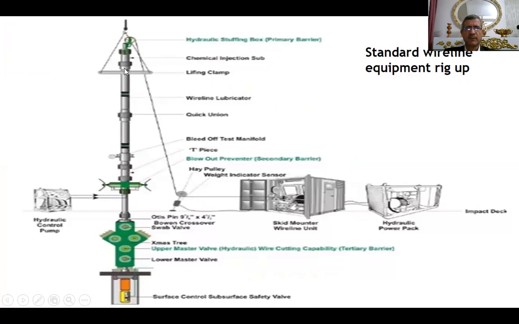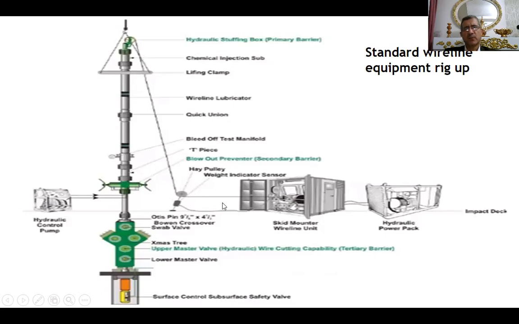Here we have pressure control equipment. We have the primary barrier, which is the stuffing box, the secondary barrier, the BOP or wireline valve, and the tertiary, which is the upper master valve. And here we have hydraulic pumps. We can control the BOP or wireline valve.